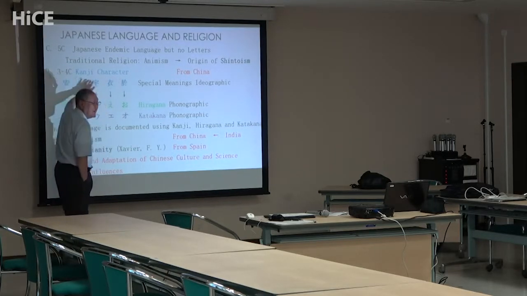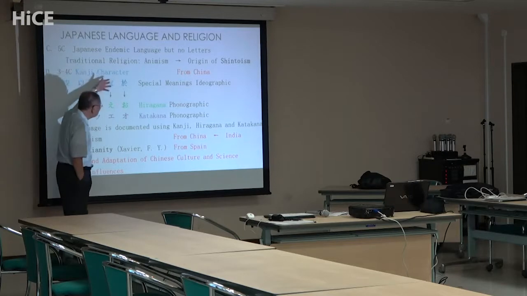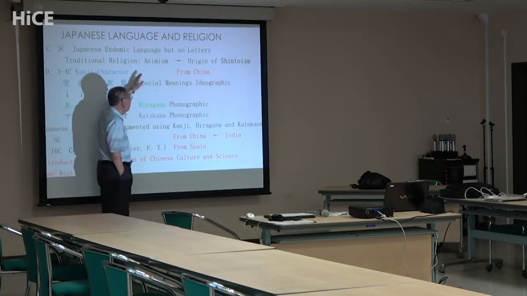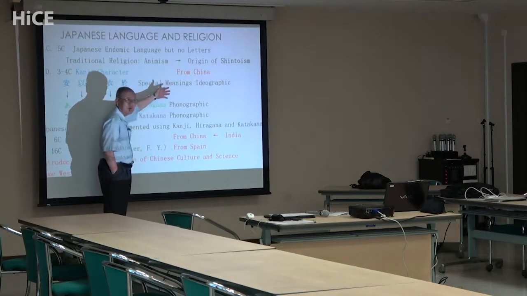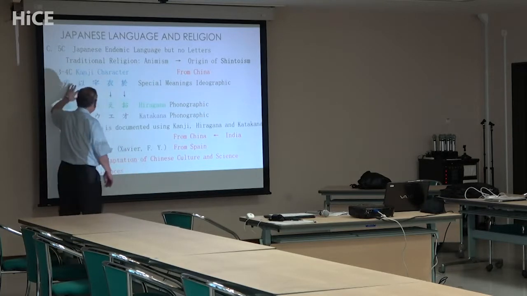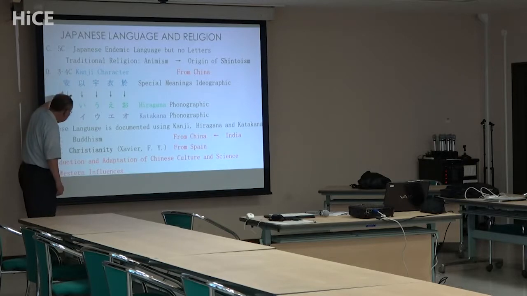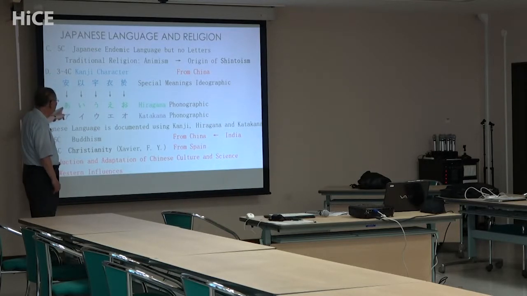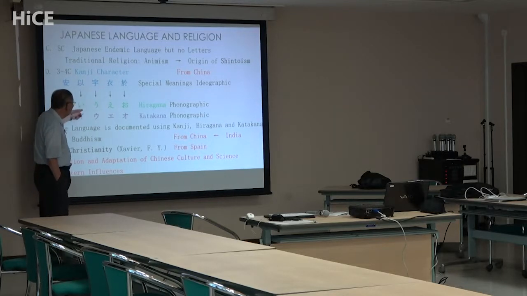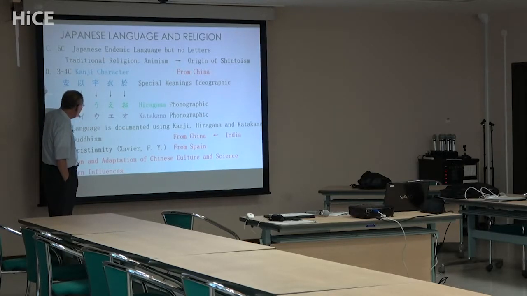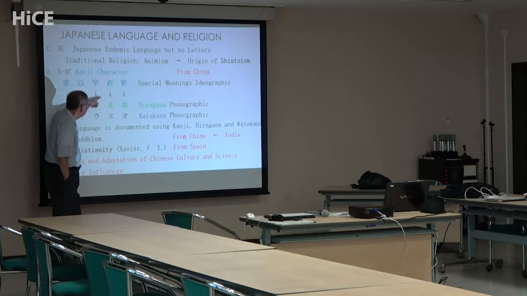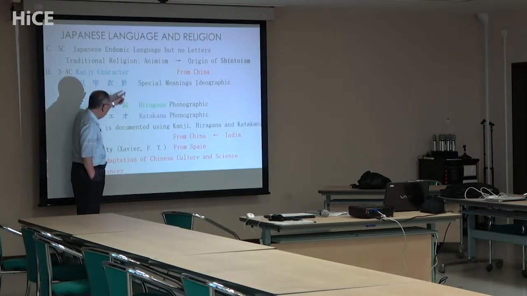Those kanji characters were used for phonetics, and each also had a special meaning, ideographic. And it changed into symbols like a, and using much more, i, u, e, o.